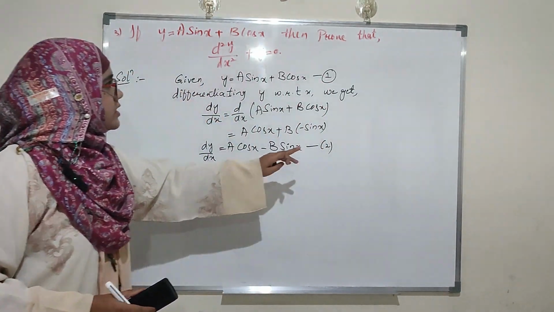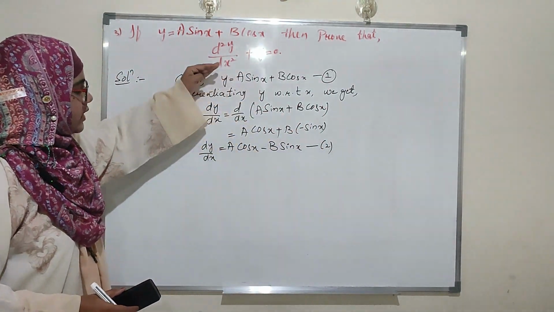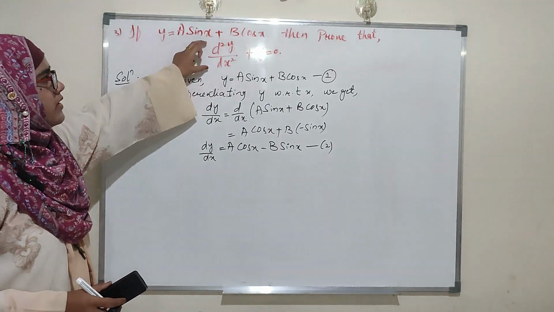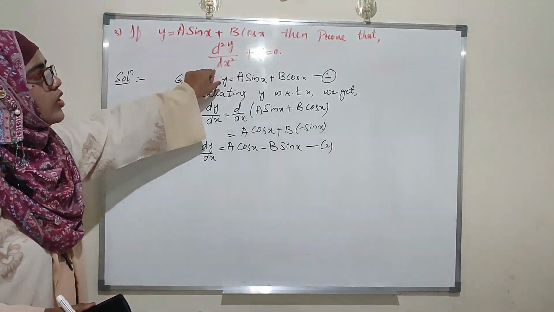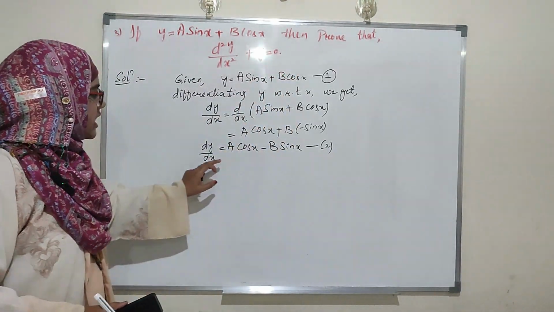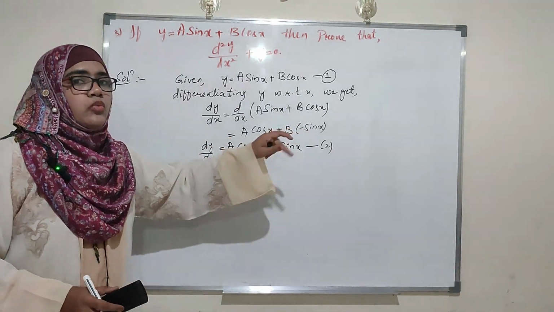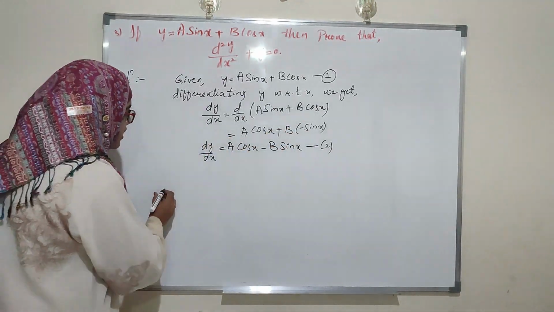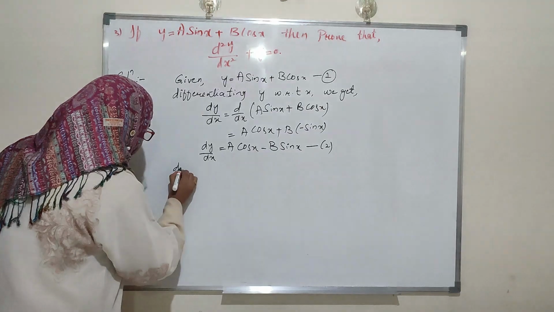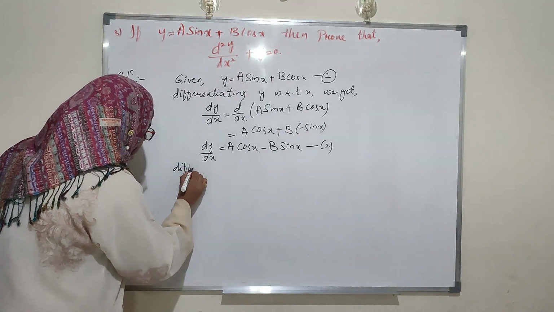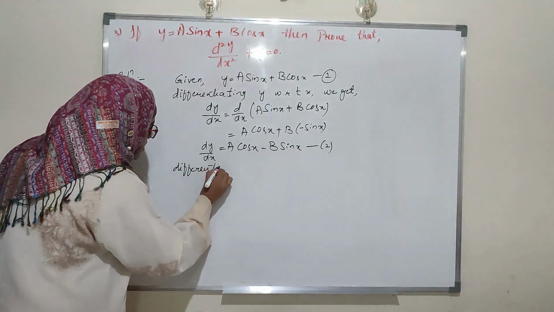Now again differentiate equation 2 with respect to x, because we have to prove that d2y by dx square plus y is equal to 0. That's why differentiating equation 2 once again with respect to x.